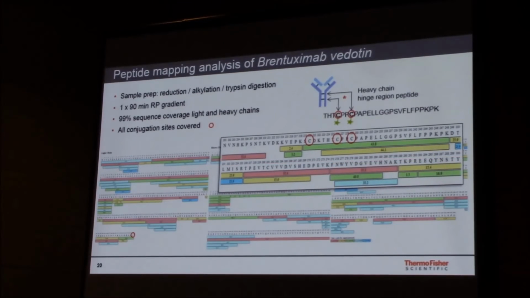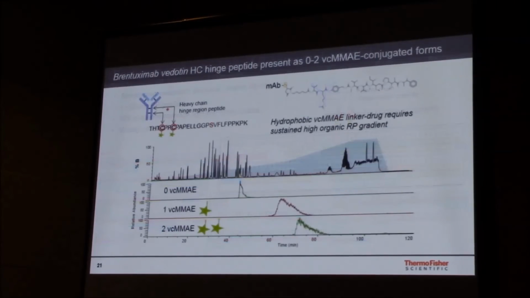So in this case, at the heavy chain hinge region, we have a peptide which is found with 0, 1, or 2 different drugs on it. We're going to look here at this 2-cysteine containing peptide, and in this case, we have, of course, our 0, 1, 2 VC-MMAE linker drug additions. So you can see from this long linker drug that this compound is quite hydrophobic.